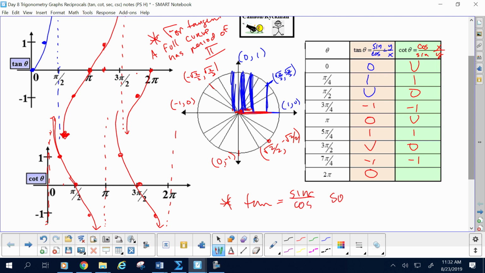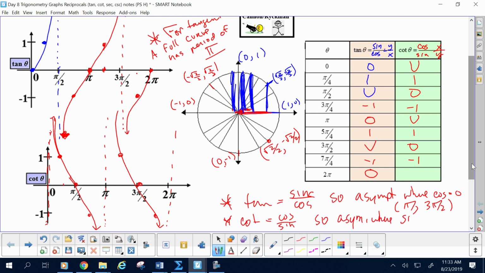So it has asymptotes where cosine is 0. And that's at pi over 2 and 3 pi over 2, etc. Cotangent is cosine over sine. So it has asymptotes where sine is 0. And that's 0 and pi and 2 pi.